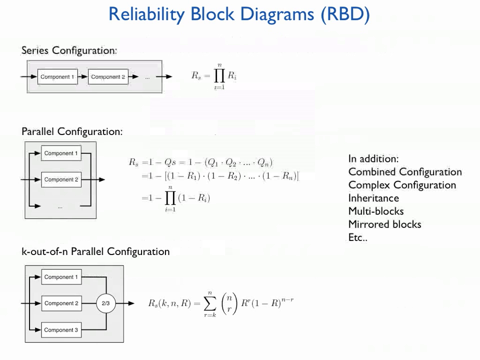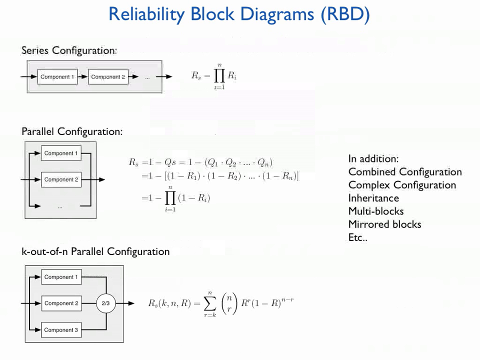For example, we have an aircraft with two engines, and we know that even if one engine is failed, we can fly further using the other one. And for this kind of system, if we know the probability of failure for each engine, we can compute the reliability of the entire aircraft.